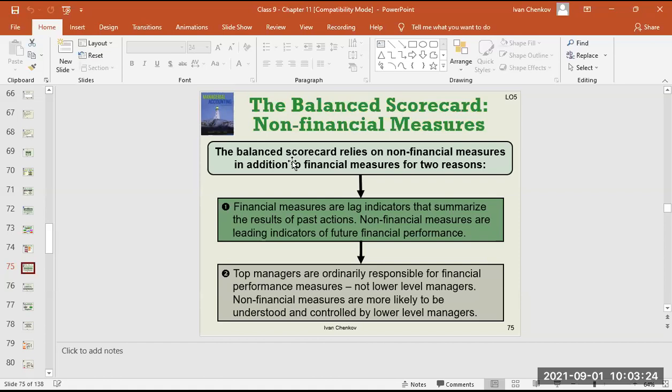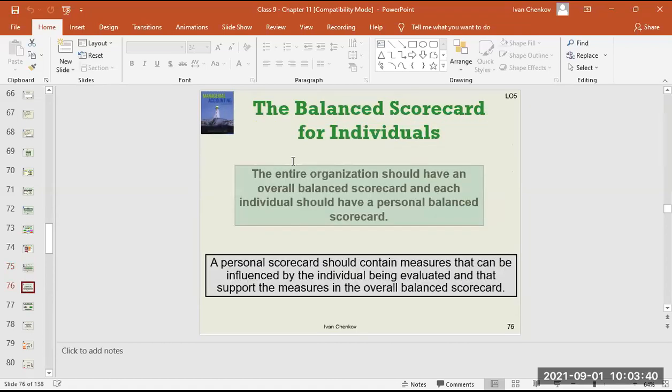So the top managers are originally responsible for the financial performance measures. But the lower management is the one that can improve everything in the company, so they can affect the performance measures. So the balanced scorecard for individuals emphasizes that the organization should have an overall balanced scorecard, and each individual should have a personal balanced scorecard, including yourself, including myself.